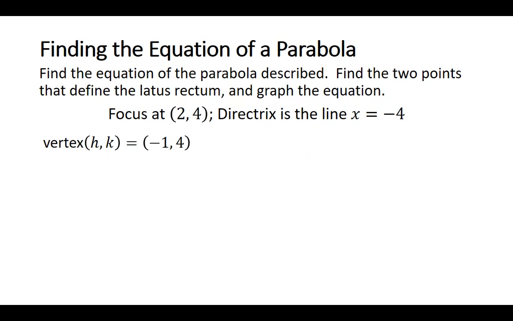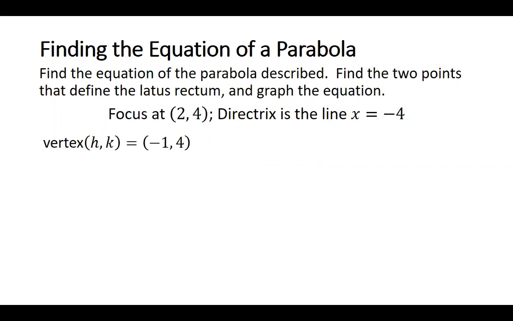Halfway between 2 and -4 is -1. Remember, the distance from the vertex to the focus is the same as from the vertex to the directrix, so we can average 2 and -4 and get -1. So the vertex is at -1, 4. So h is equal to -1, k is equal to 4. Forgive me for my previous misstatement.